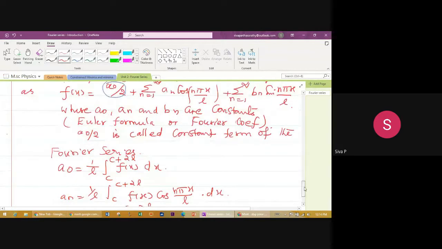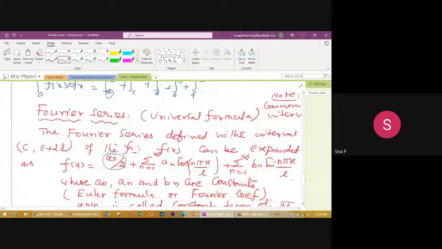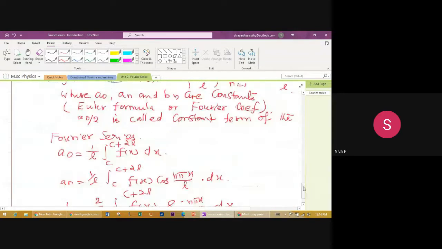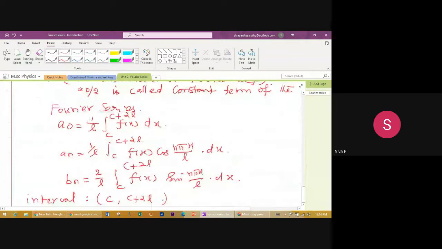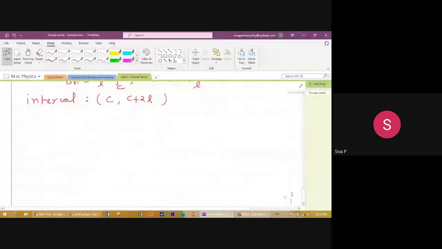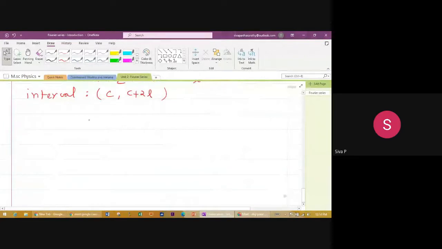The interval is clearly given here, C to C plus 2L. Harigaran? Yes, sir. Are you writing notes, everyone? Yes, sir.